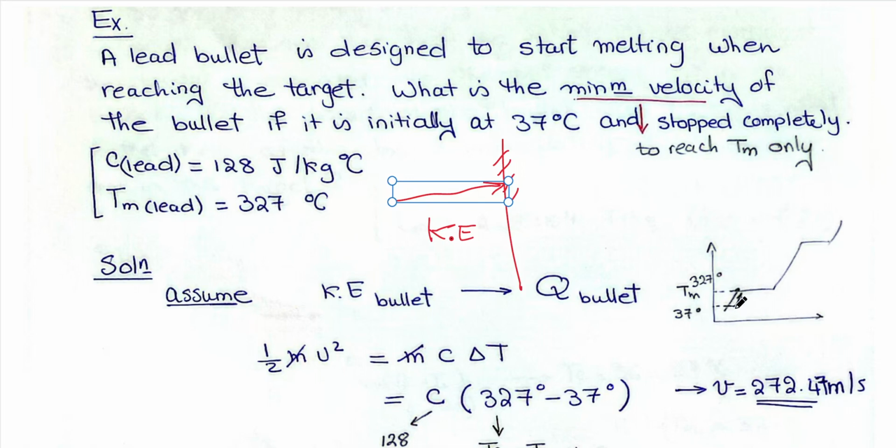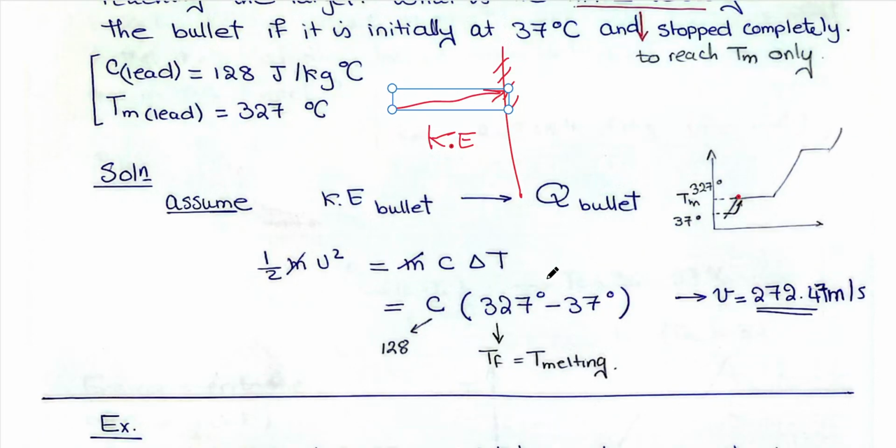So it will have heat energy to just reach melting, but it will not start melting. Assuming all the kinetic energy of the bullet goes to heat energy of the bullet, half mv squared equals mc delta T. M is cancelled from both sides, C is given, and delta T is the melting temperature minus the initial temperature. You will have the velocity calculated easily.